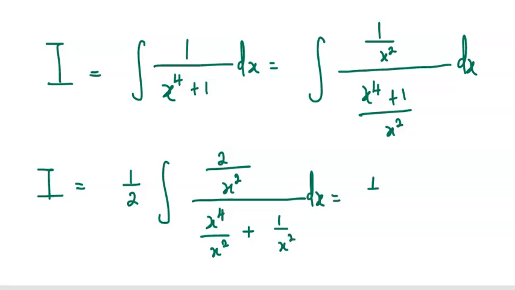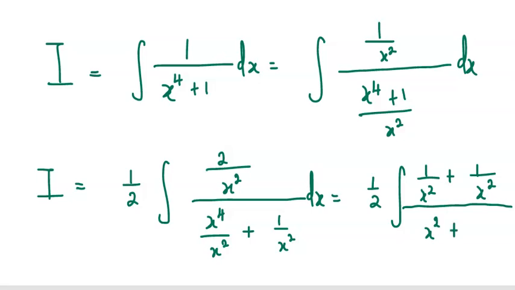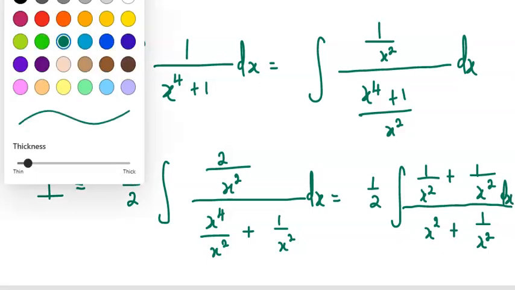So this is equal to 1 over 2, then the integral of, so here this is same as 1 over x squared plus 1 over x squared. It is so because we have the same denominator, right? So we can easily add the numerators, which will give us 1 plus 1, which is 2, right? And here we're going to have x squared and then plus 1 all over x squared, and therefore we have our dx. Cool. I think this is getting more interesting, right?